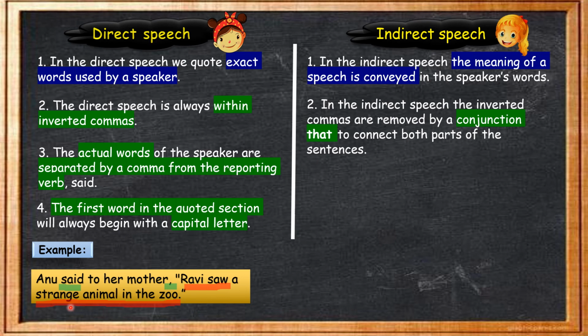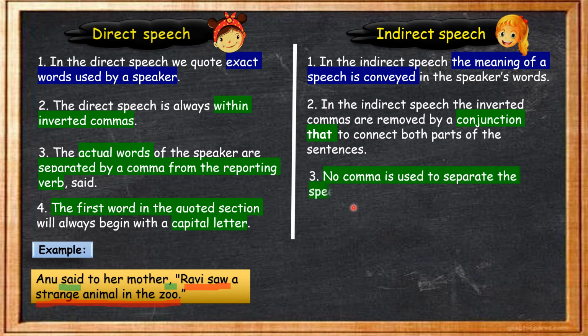Now children, you can see here in this sentence, Anu said to her mother is the first part of the sentence, and Ravi saw a strange animal in the zoo is the second part. There are two parts of the speech. And how are we going to change it into indirect speech? By removing this comma and inverted comma or quotation mark. And how are we going to connect? By adding the conjunction that. Is it clear?